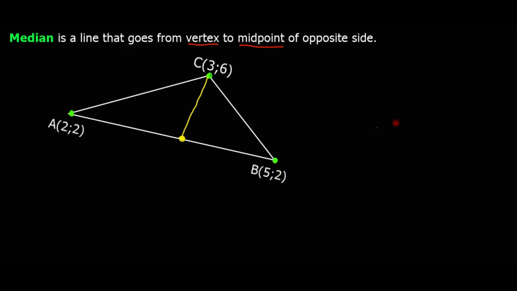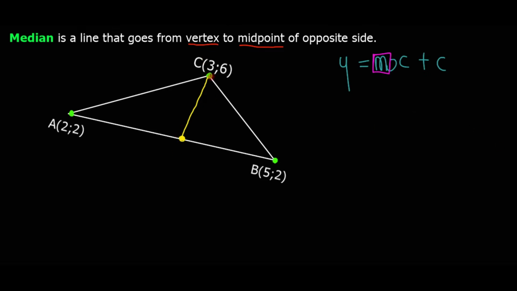Because we know that to find the equation we need to find a gradient, we know y equals mx plus c. So we need the gradient, but we can find the gradient if we know the 2 points.